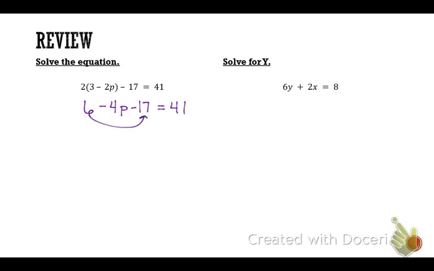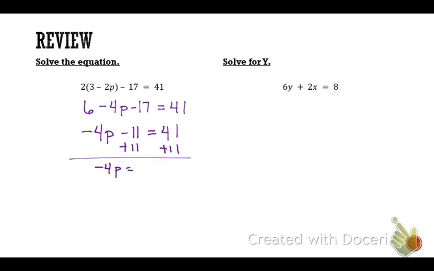Yes, 6 minus 17 gives me negative 4p minus 11 equals 41. Now what do I do? Plus 11 on both. Yeah, very good. Plus 11. Negative 4p equals 52. Divide both sides by negative 4. P equals negative 13.